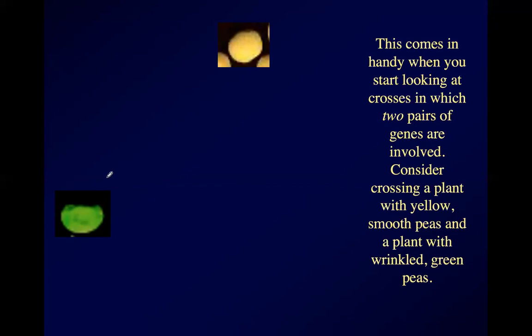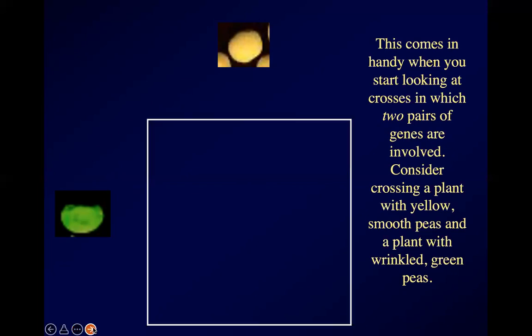And I kind of intensified the colors a little bit. They're not quite this bright, but some plants produce yellow peas and some plants produce green peas. So what happens if you take a plant with smooth yellow peas and you crossbreed it to a plant with green wrinkled peas?